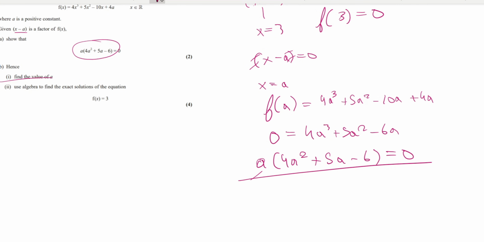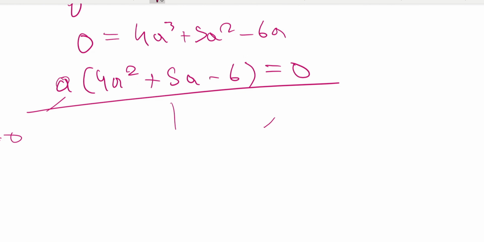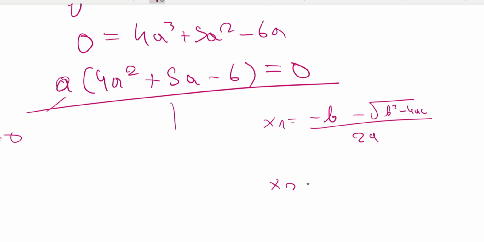So this is obviously going to be 0, and we can do the quadratic formula here. I guess I'll write it down. x1 is minus b minus the square root of b^2 minus 4ac, and then 2a. I hope I remember it correctly, but something like this.